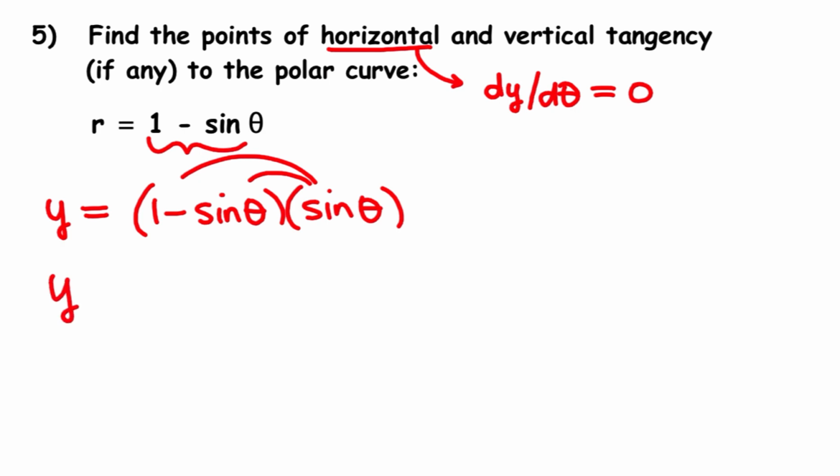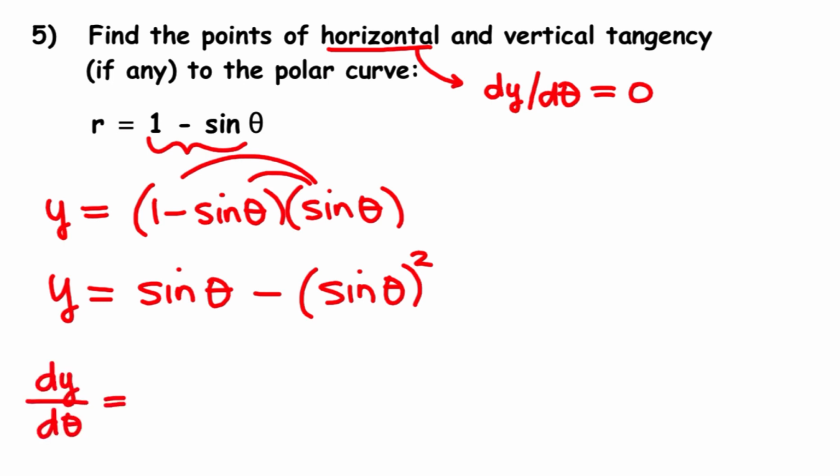So y is going to be sine of theta minus sine squared of theta, or sine of theta getting squared. And then we can find dy/d theta. The derivative of y with respect to theta is going to be cosine of theta minus 2 sine of theta to the first times a chain rule cos theta.